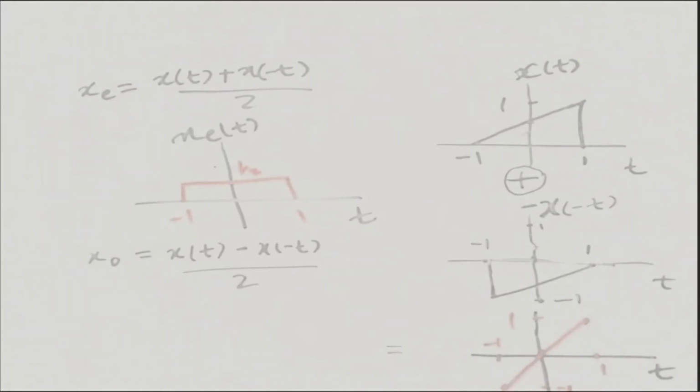Again, this line has a slope of 1, and the final answer for the even component is this. Sorry, odd component. We were drawing the odd component, and thus the required answer has magnitude minus 1 at t equal to minus 1 and plus 1 at t equal to 1. So these are the even and odd components of the given signal x of t.